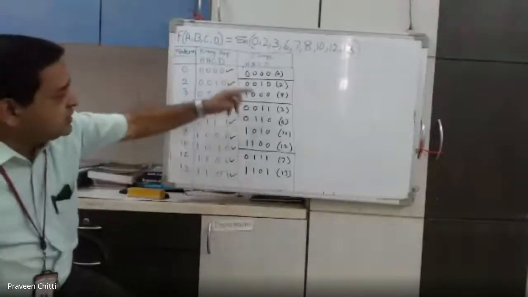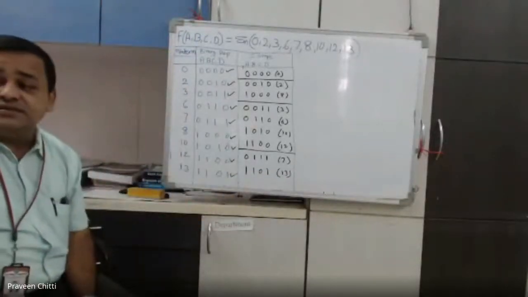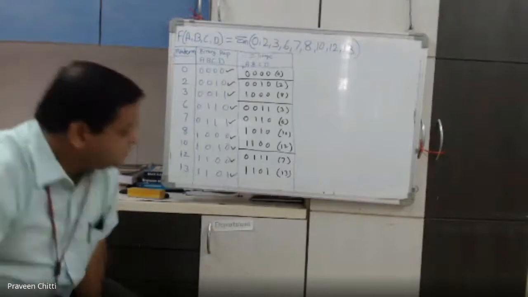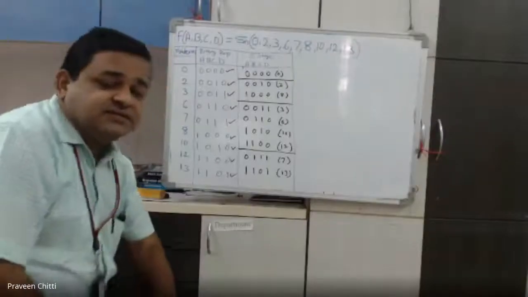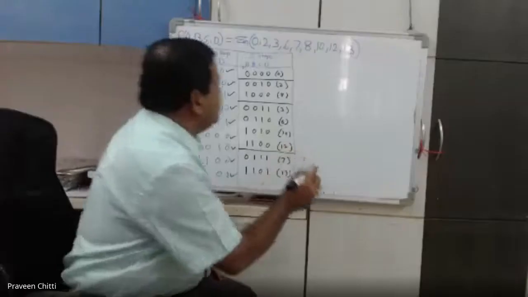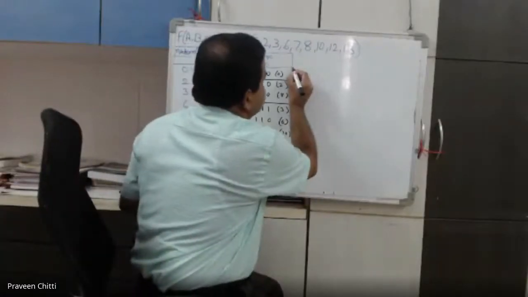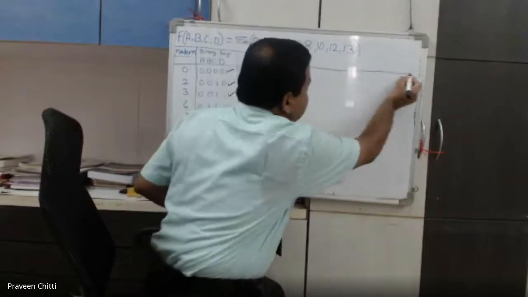So how many groups did we get? 4 groups. I think this is clear. First stage done. Any doubts? If you have any doubts, you can ask me, because now we are going for the second stage, which is a very important one.